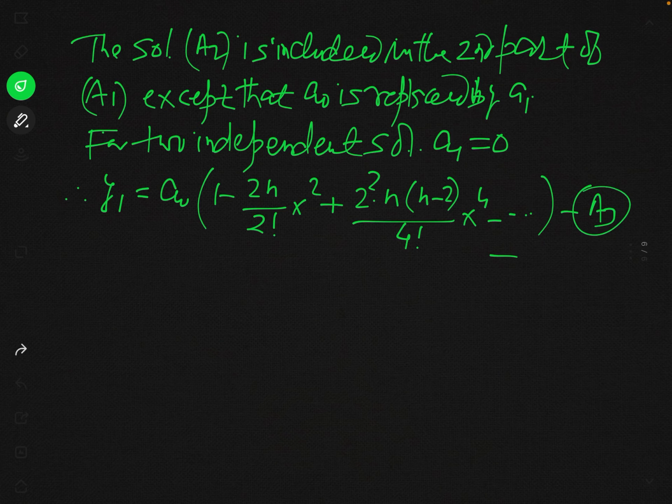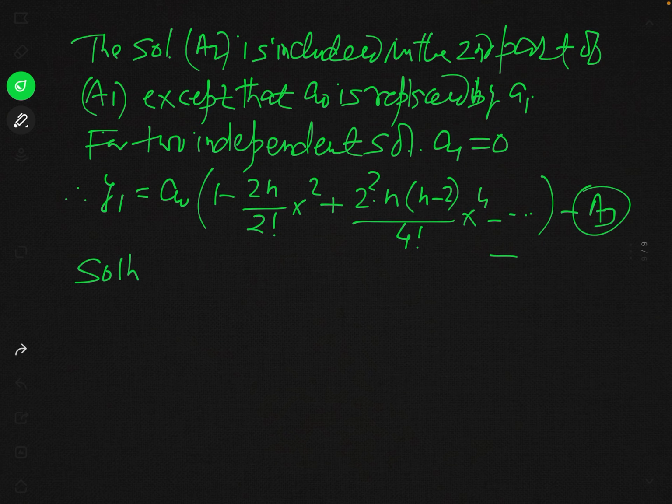So the two independent solutions of Hermite differential equation are now defined in equation A2 and in equation A3. So the complete solution will be the linear combination of these two solutions.